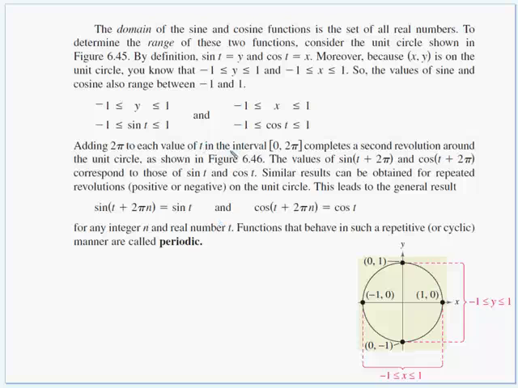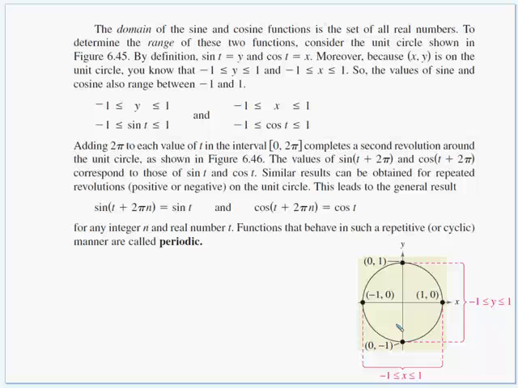Adding 2 pi to each value of t in the interval 0 to 2 pi just completes a second revolution around the unit circle. The values of sine of t plus 2 pi and cosine of t plus 2 pi correspond to sine of t and cosine of t. Remember, it's just another lap around the unit circle. Similar results can be obtained for repeated revolutions, positive or negative.